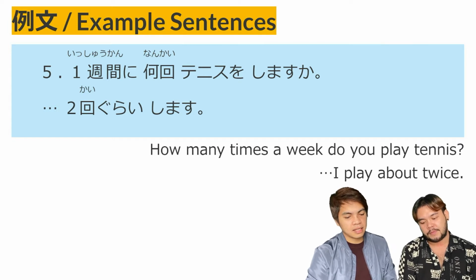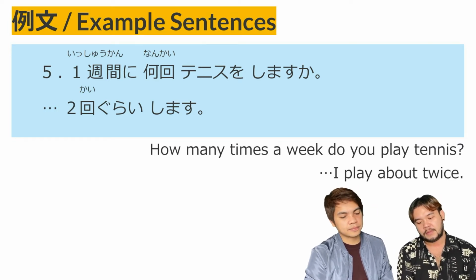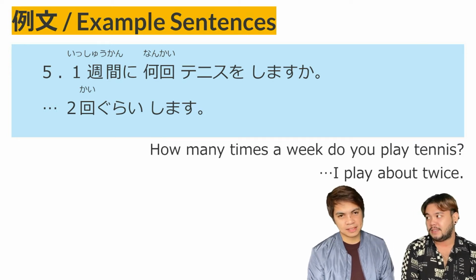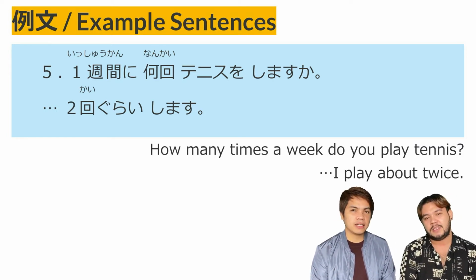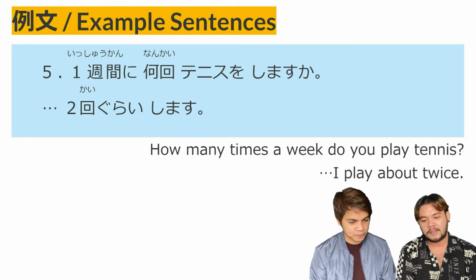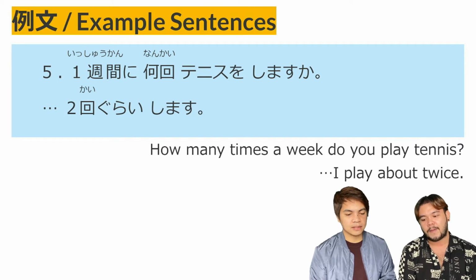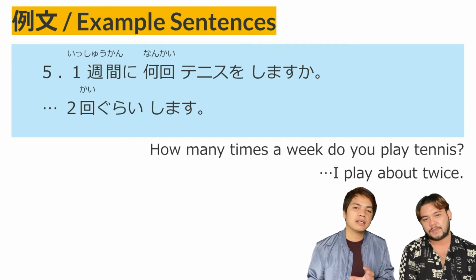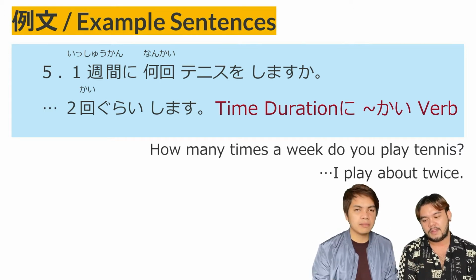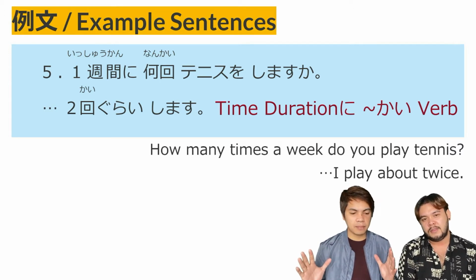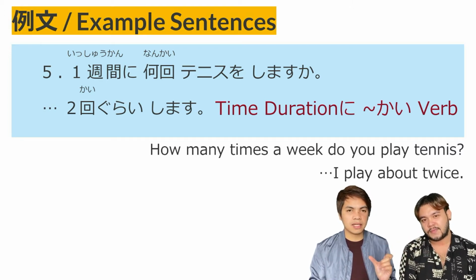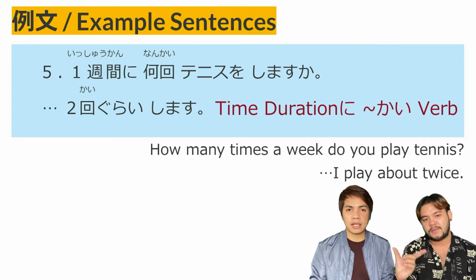Number 5. 1週間に何回テニスをしますか? 2回ぐらいします。 This is the pattern for time duration ni kai verb. Time duration ni means in a period of time, then kai verb, the number of times you do a certain action.